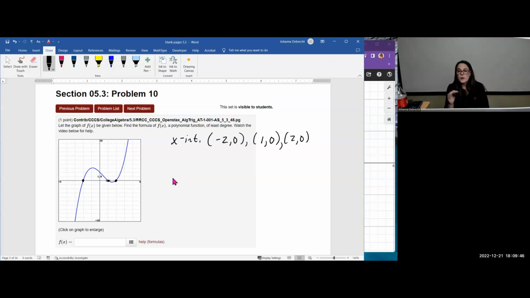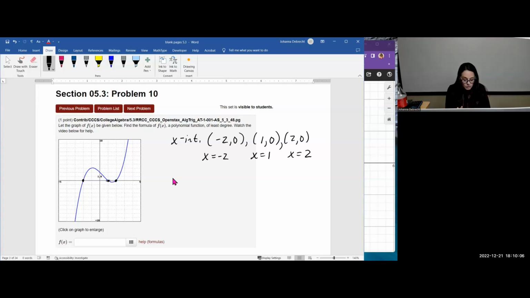Now, I know from where it came from that this means I had x equal negative 2, x equal 1, and x equal 2. And then I look at how it crossed the axis there. None of them look like saddle points, so they weren't there 3 times.